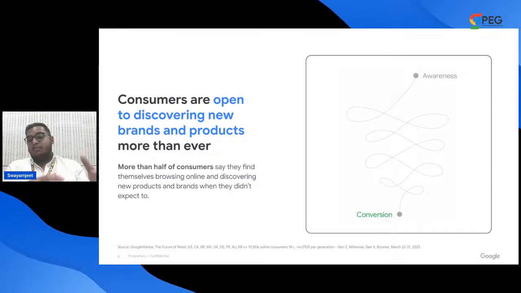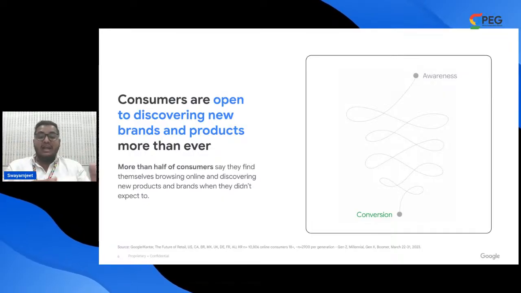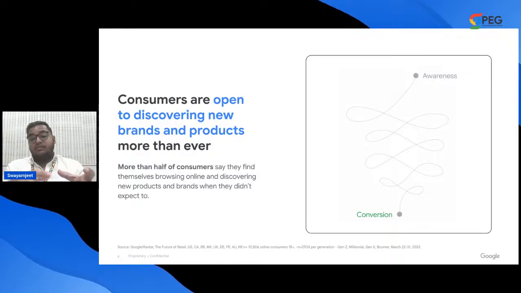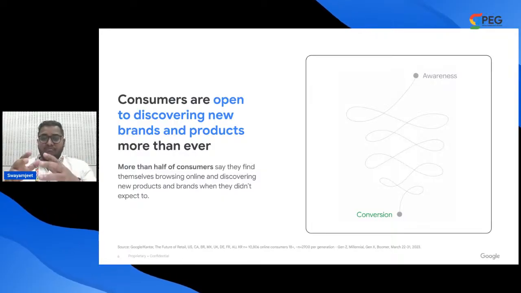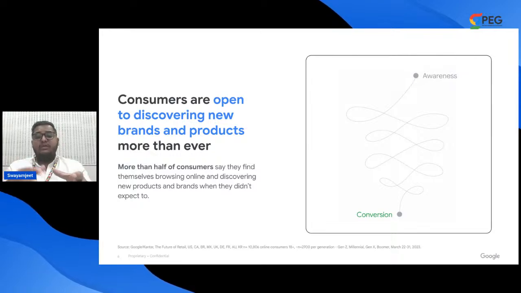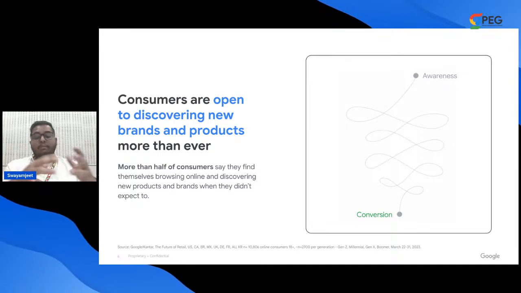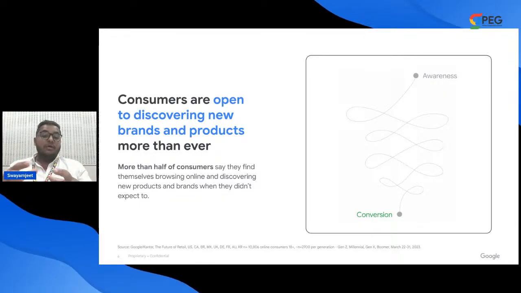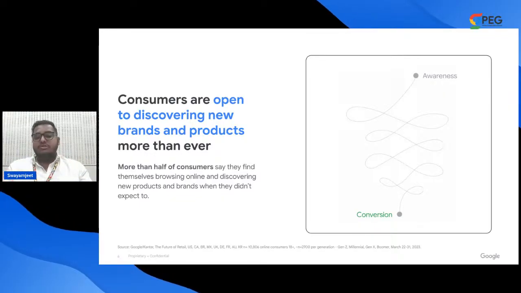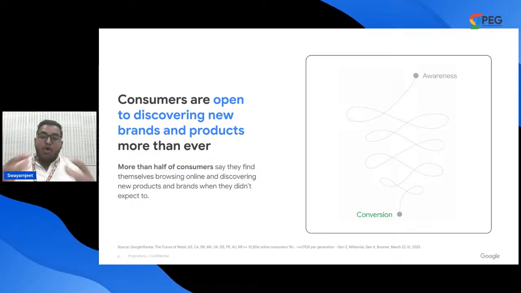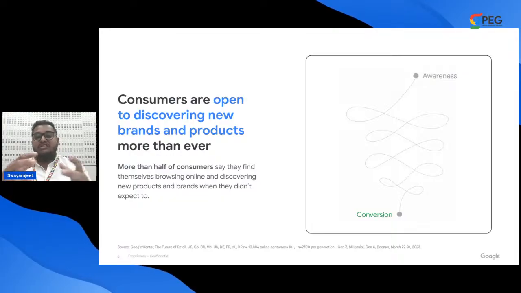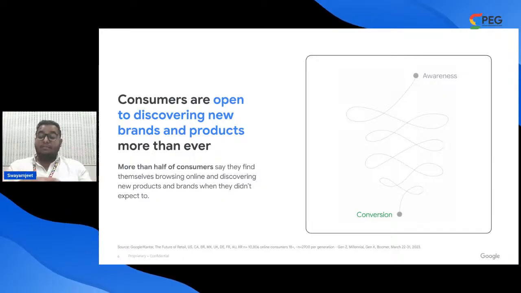In fact, more than half of consumers are actively browsing online, discovering new products and brands very unexpectedly. That's a huge shift, and it presents a massive opportunity for businesses. Why? Because it means people are receptive to new ideas, new solutions, and new brands, even when they are not actively searching for them. This is the power of discovery. This is the power of Demandgen.